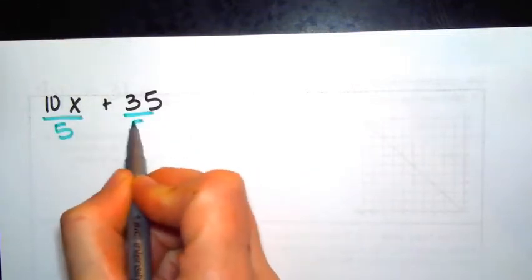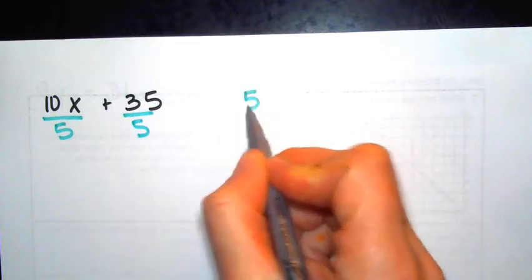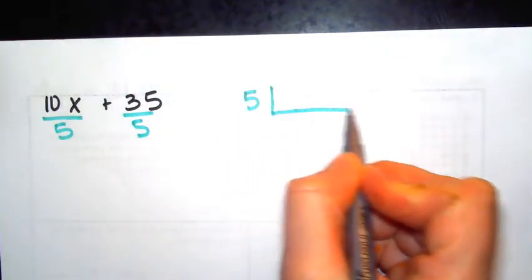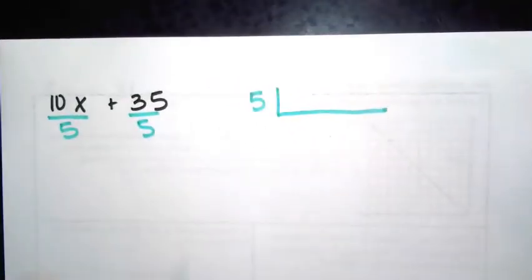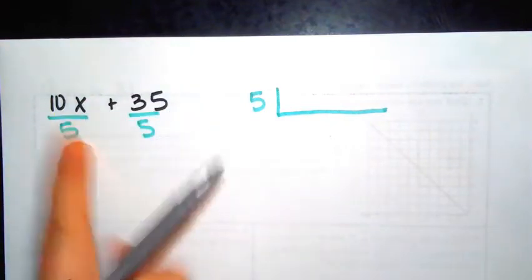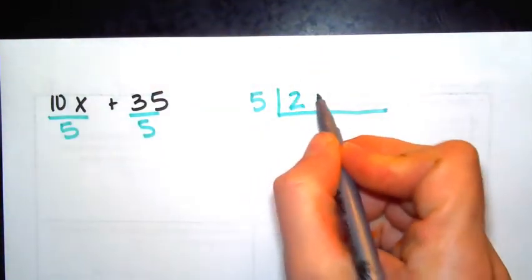So I'm going to divide all my terms by 5. And I'm going to put what's left in a sled. 10x divided by 5, that's 2x.